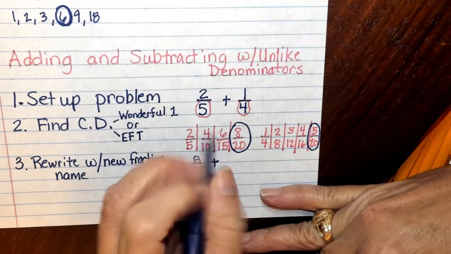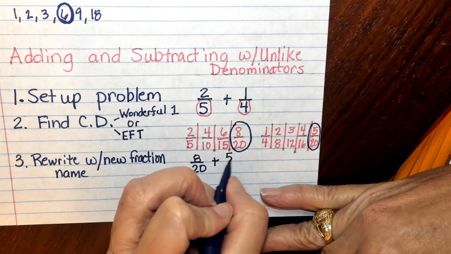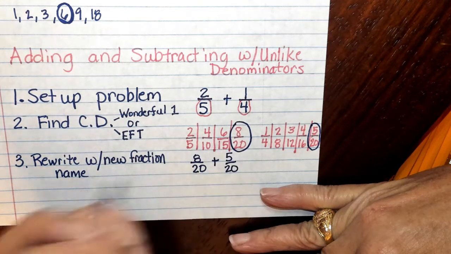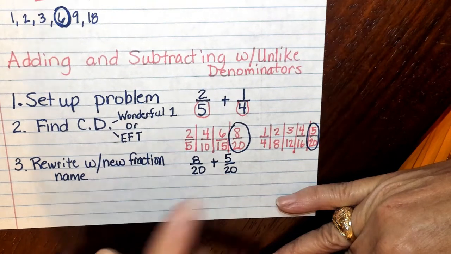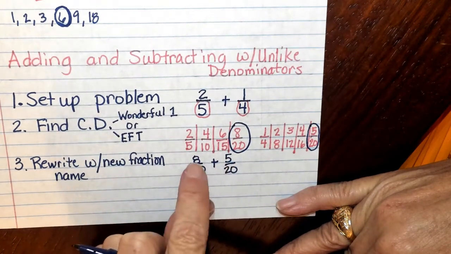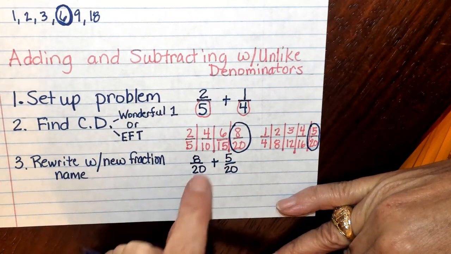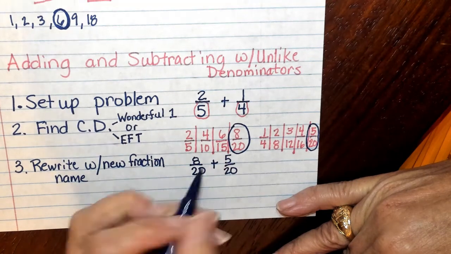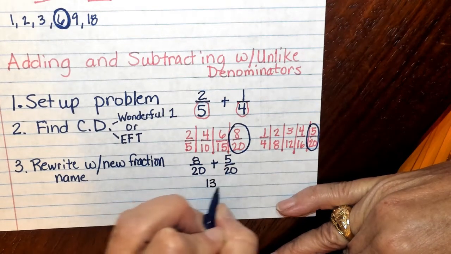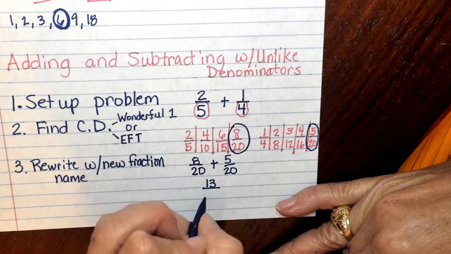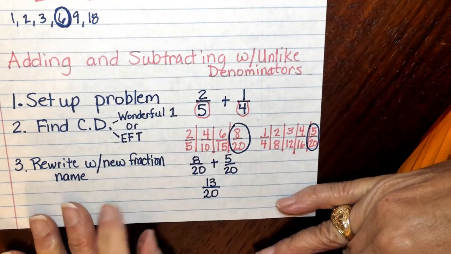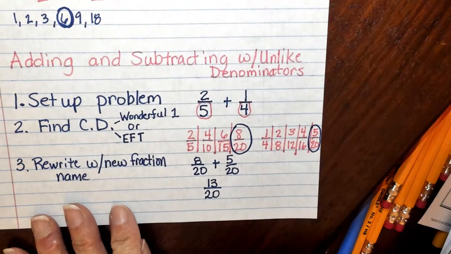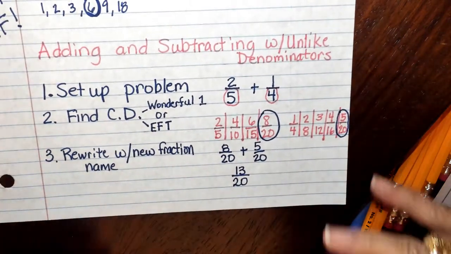And another name for 1/4 would be 5/20. And now that I have common denominators, I'm able to easily put my numerators together. So 8 plus 5 is 13. And of course, my denominator is not going to be added. And I get a new fraction amount of 13/20.